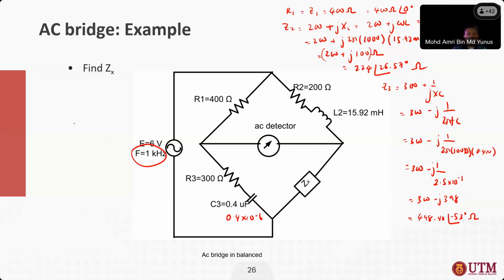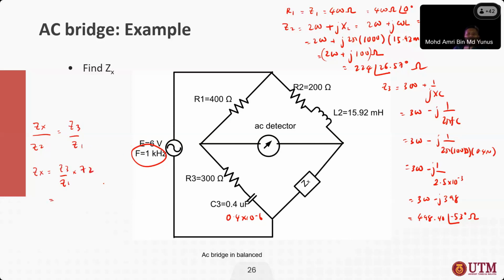So we know that Zx over Z2 equivalent to Z3 over Z1. Therefore, Zx is equivalent to Z3 over Z1 multiplied with Z2.